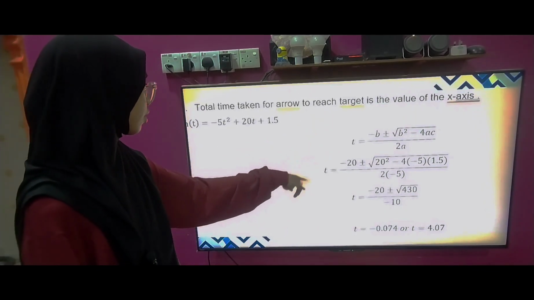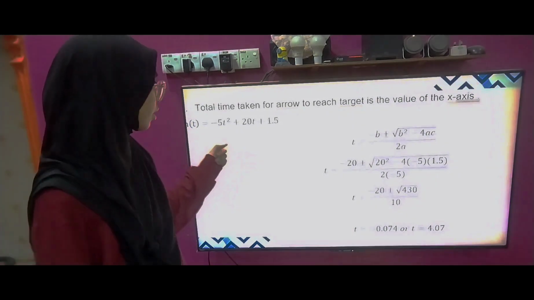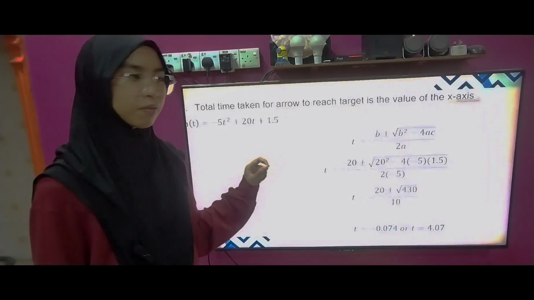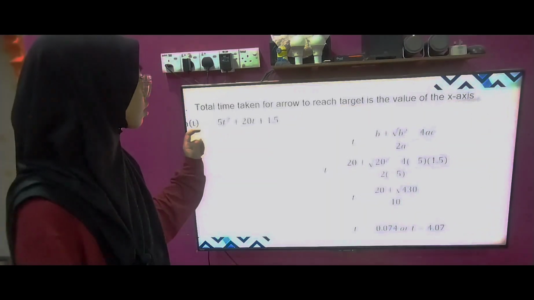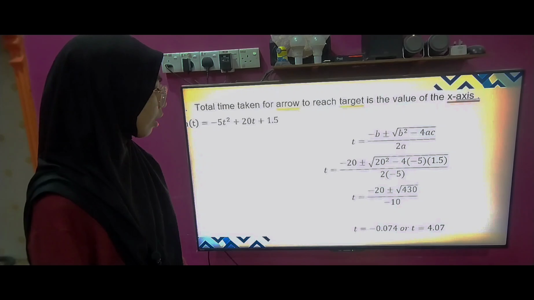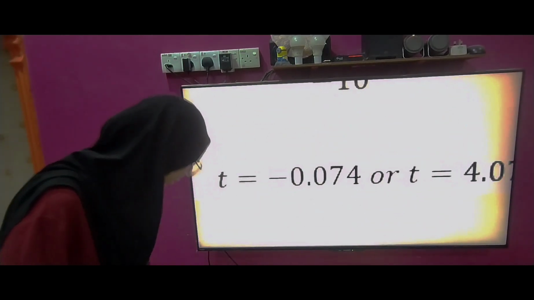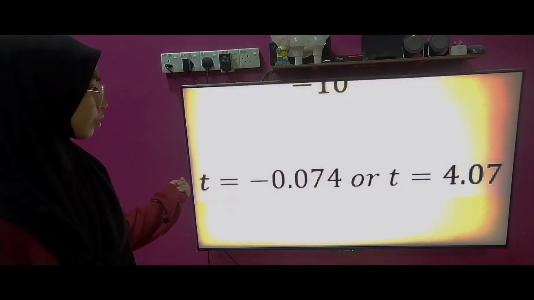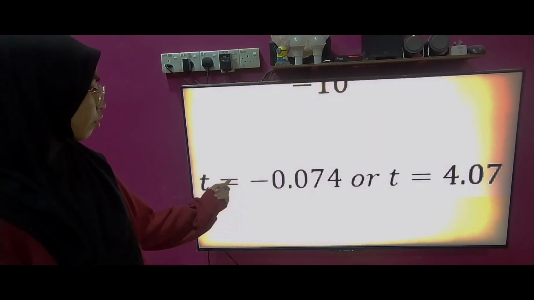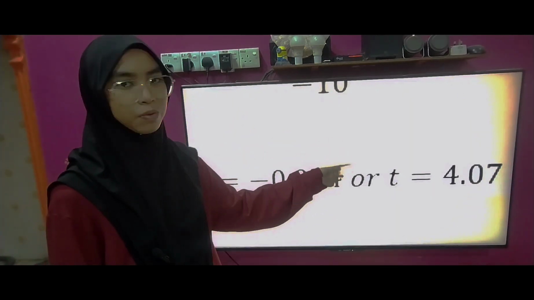You insert the values of a, b, c in the quadratic equation that is stated, which is a is negative 5, b is 20, and c is 1.5. And the result you'll get is t equals negative 0.074 and t equals 4.07.